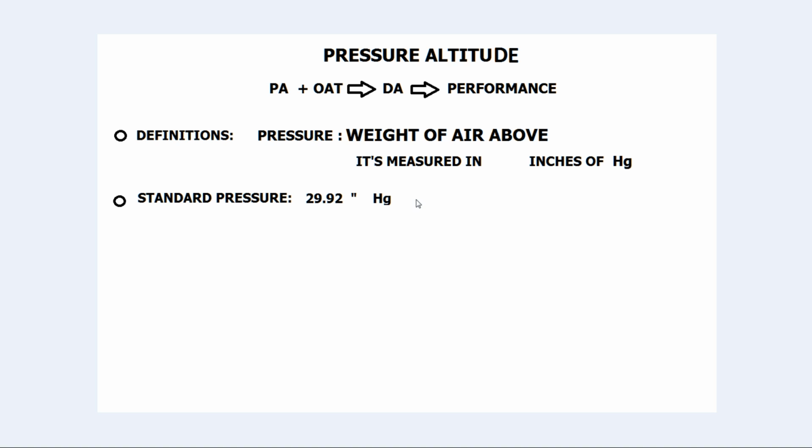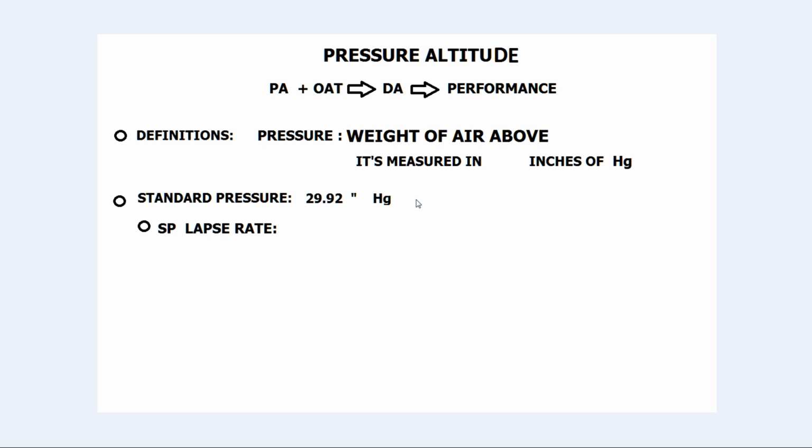And also we have the same kind of standard for the temperature. The standard temperature at sea level is 15 degrees Celsius or 59 degrees Fahrenheit, but the standard pressure at sea level is internationally accepted as 29.92.